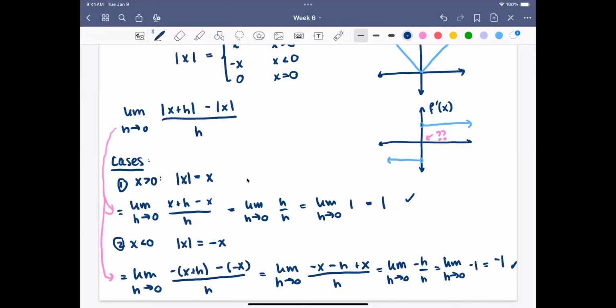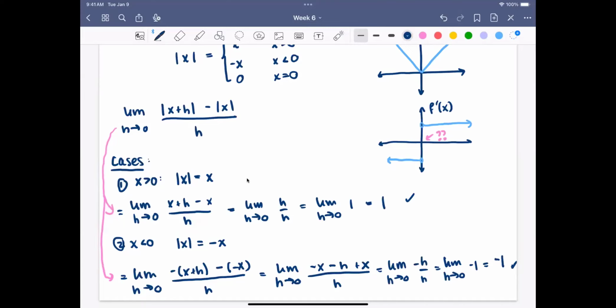Okay, so one question you might have is why am I treating x equals 0 as a separate third case? Why not just lump it into one of these? The reason is, think about how we define limits: we had the left and the right limit and we wanted them to agree. But in this case, the function is different for the left limit and the right limit.